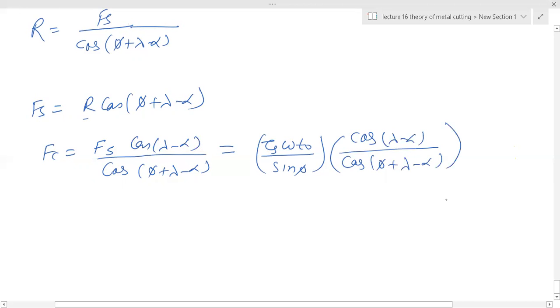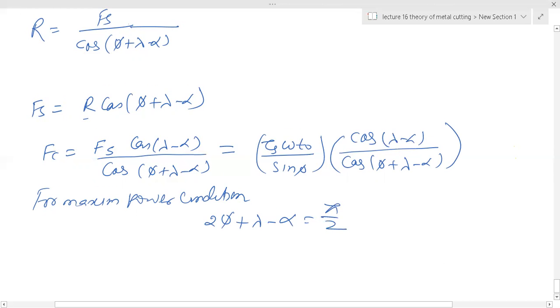We already derived this. Then for the maximum power condition, 2 phi plus lambda minus alpha equals pi by 2.